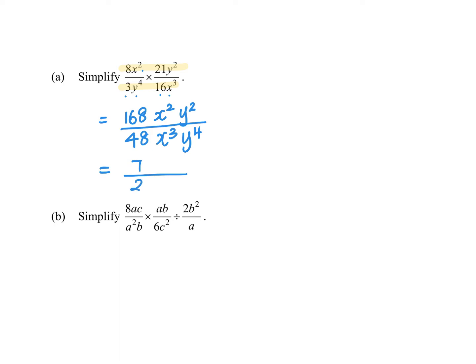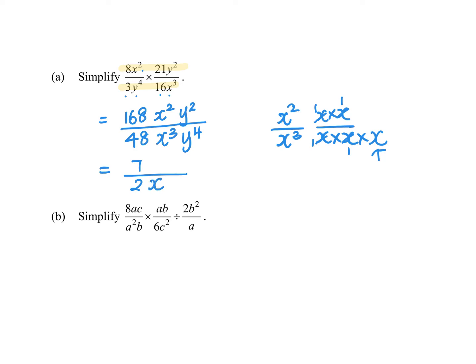Then x squared and x cubed. x squared is x times x, and x cubed is x times x times x. On top there are 2 factors, at the bottom there are 3. When we cancel, we're left with 1 at the bottom, since the denominator has more powers.